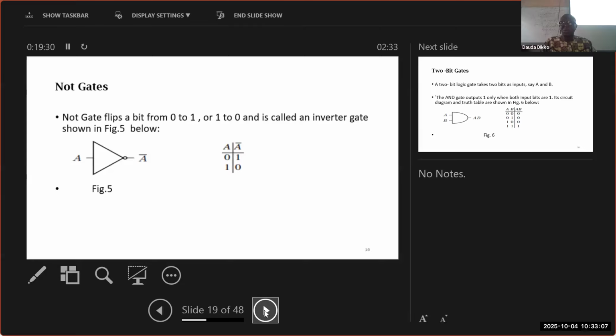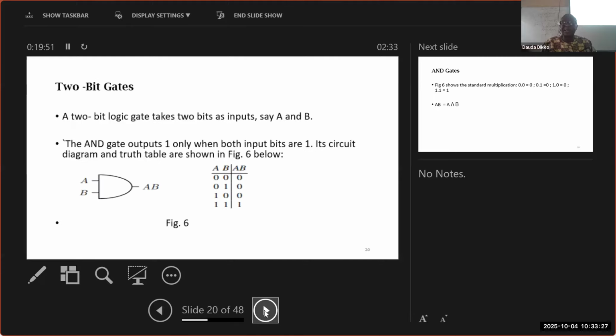The small circle shows the operation it performs. Because it negates the input, if you have 0, the output will be 1. And if the input is 1, the output will be 0. So that is the NOT gate.